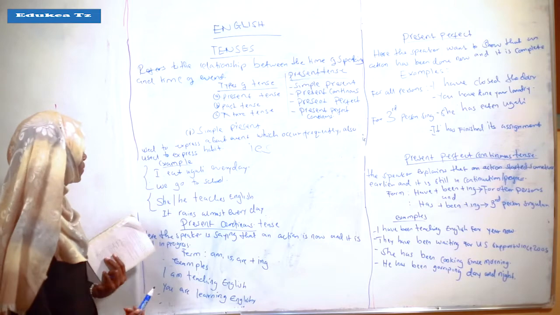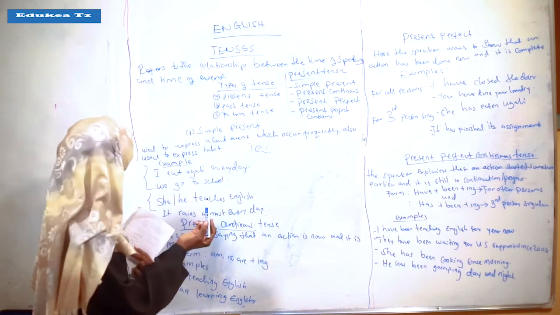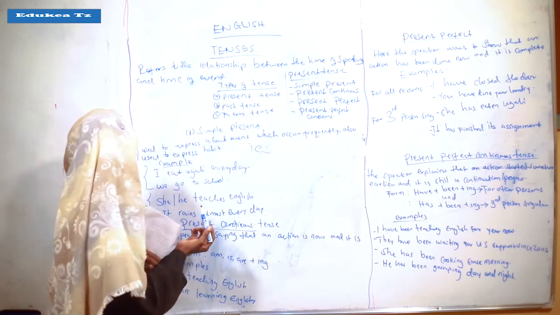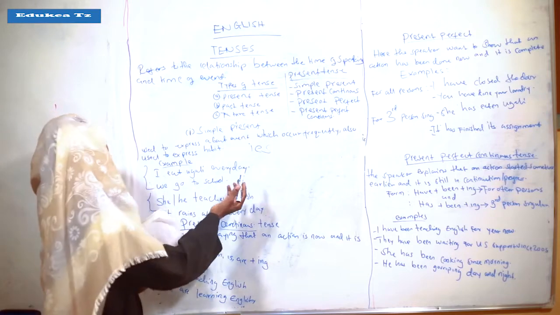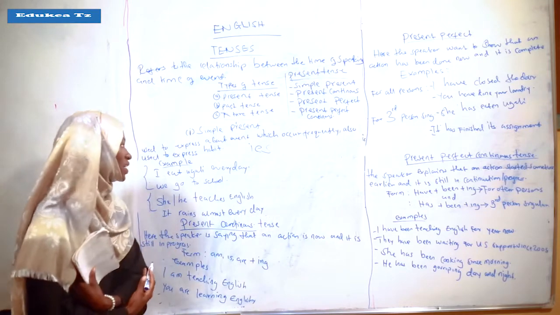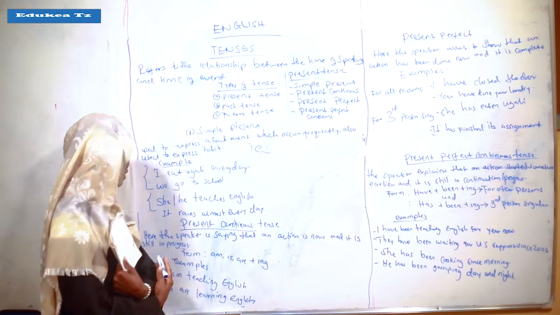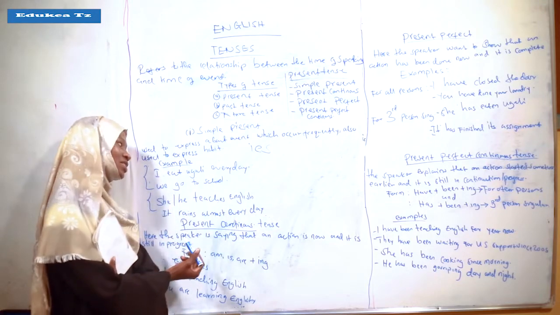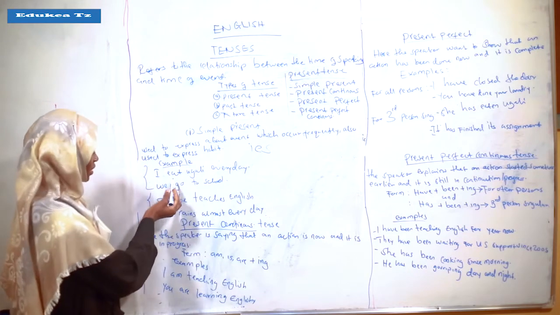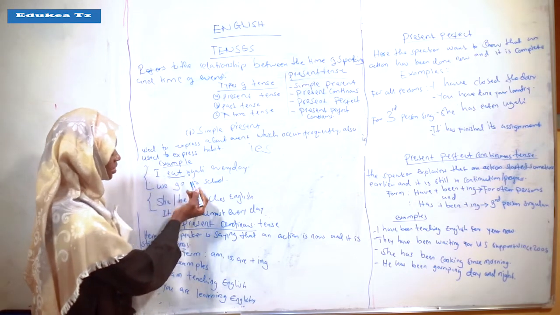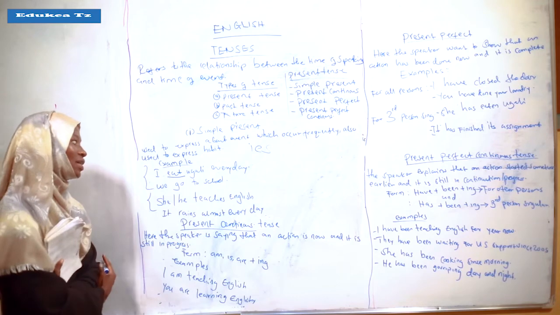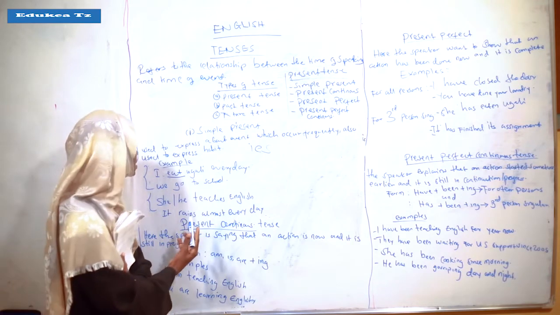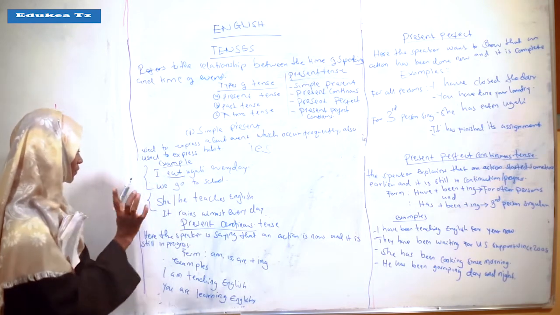But when we talk about the first person, second person, or in all forms, be it plural or singular, the verb remains in its base form. For example, I eat ugali every day. Our verb here is eat, and it remained in the base form. It doesn't receive anything.